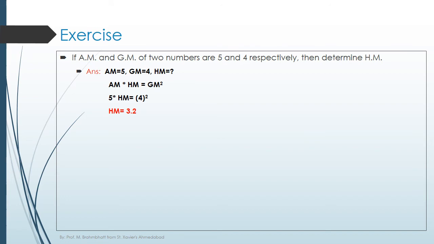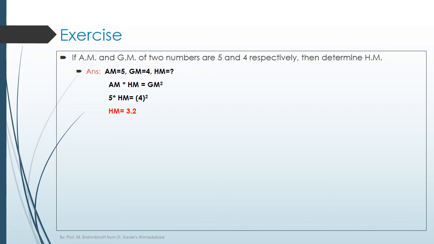Let's solve a question: determine HM when AM and GM of two numbers are 5 and 4 respectively. In that case, we have to use the relationship formula AM times HM equals GM squared.